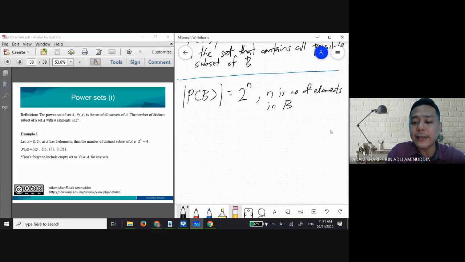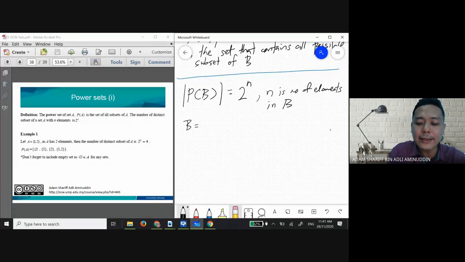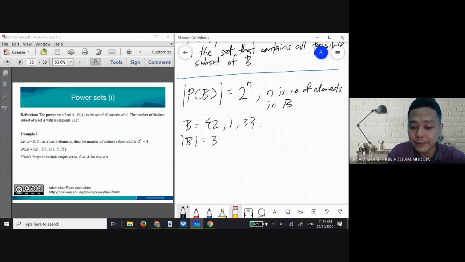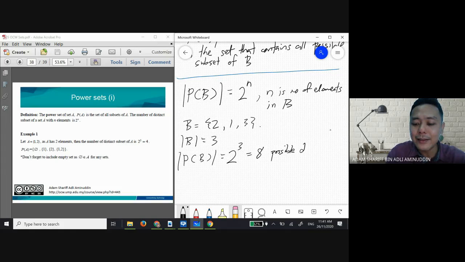For this particular example, B is given as 2, 1, 3. The number of element inside B or the cardinality of B is 3. So the number of possible subset that can be made from B is 2 to the power of 3. You should have 8 possible distinct subsets.